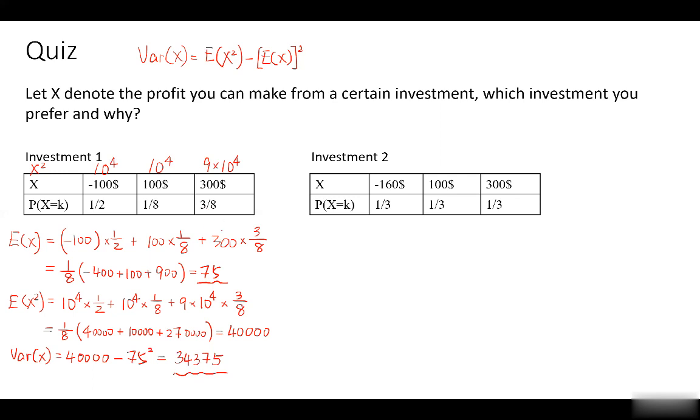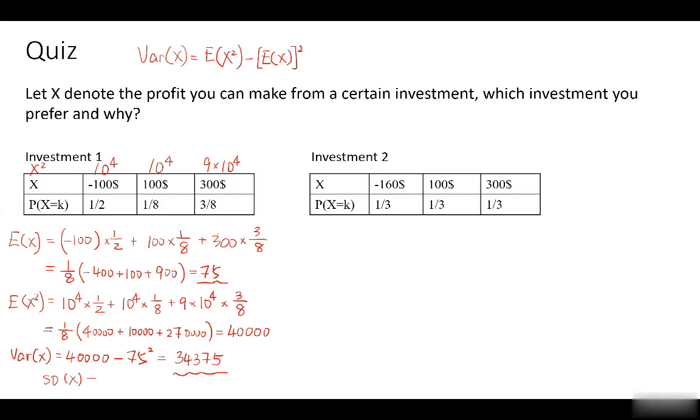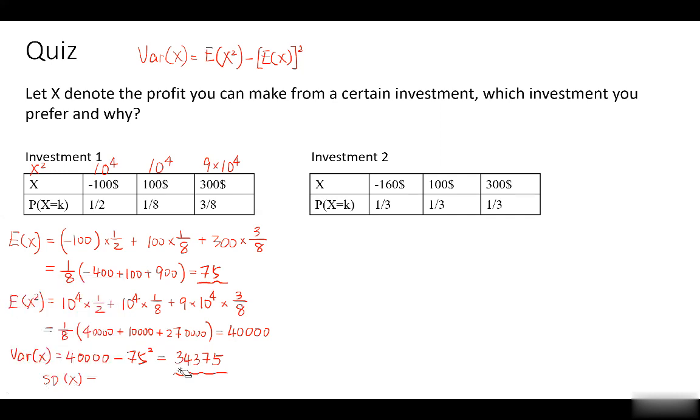Okay, so that means we have a general sense about average profit and the risk, right? Because usually we calculate the standard deviation and use it as a measurement of the risk.